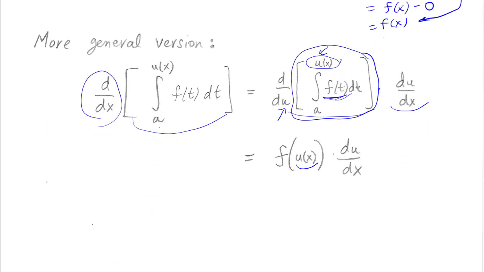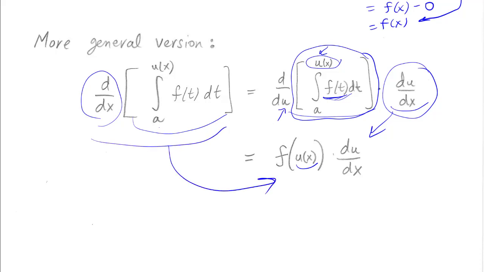So we get f at u of x, and then we still need this chain rule factor du dx. All right, so we'll see how that comes into play, and then basically we can still do that in one step. We're essentially going to go from this right to this, but we'll have to see that in the examples.